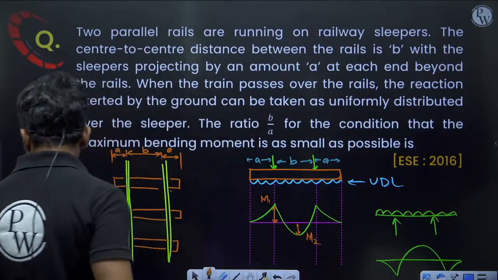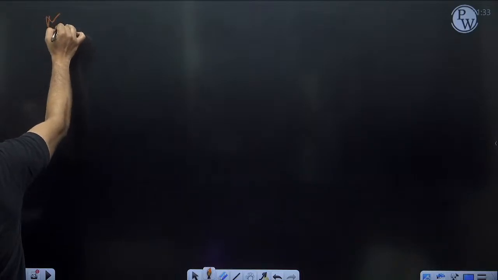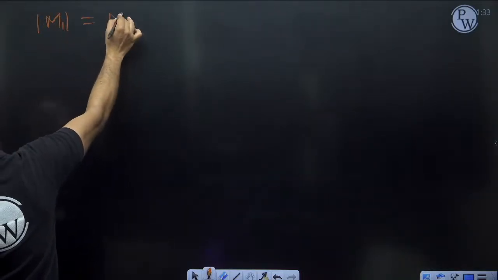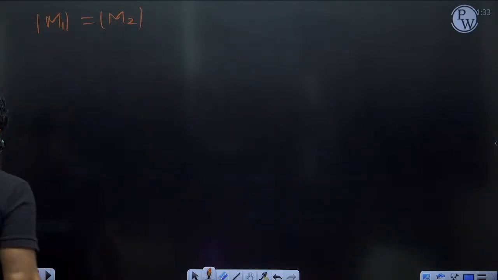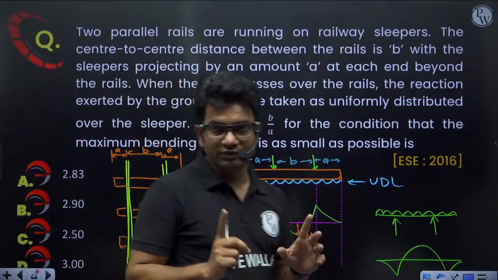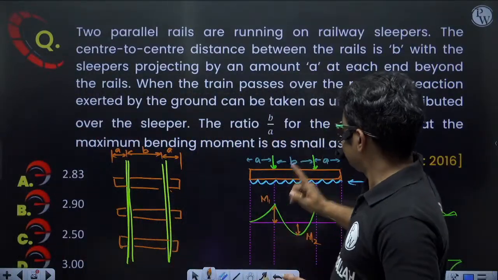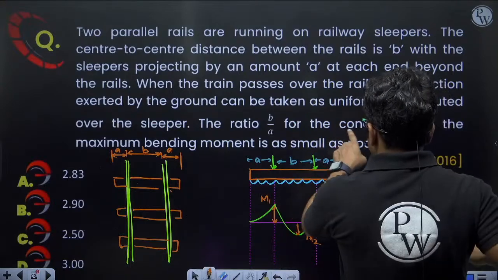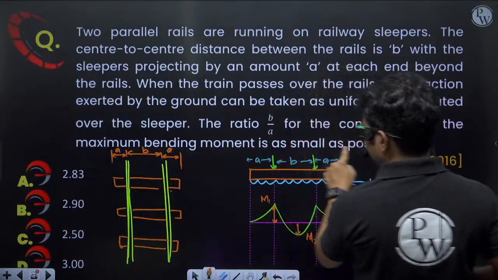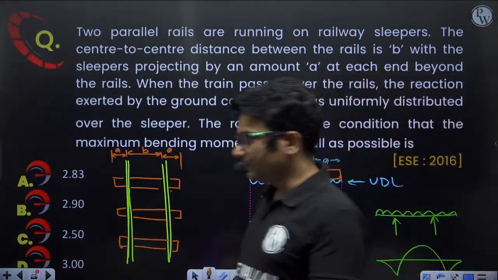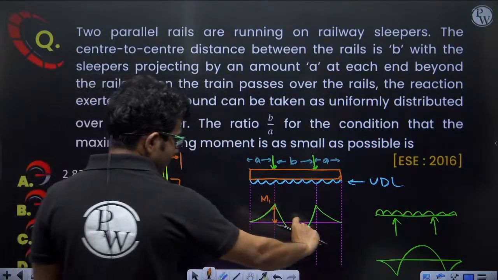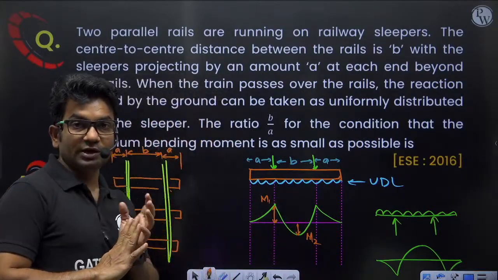So the magnitude of M1 will be equal to the magnitude of M2.